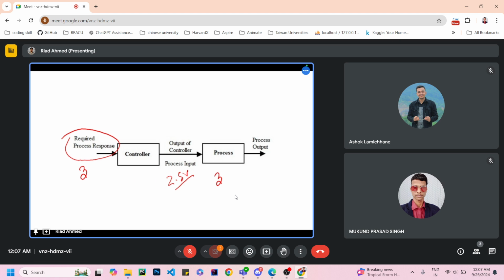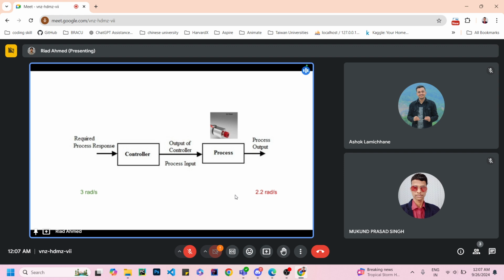But as you can see, in this specific diagram, the process is acting like a motor, and you have set the velocity as 3 radian per second, and your motor is rotating at 3 radian per second, let's say. But now you have inputted another element, and that is a disturbance.